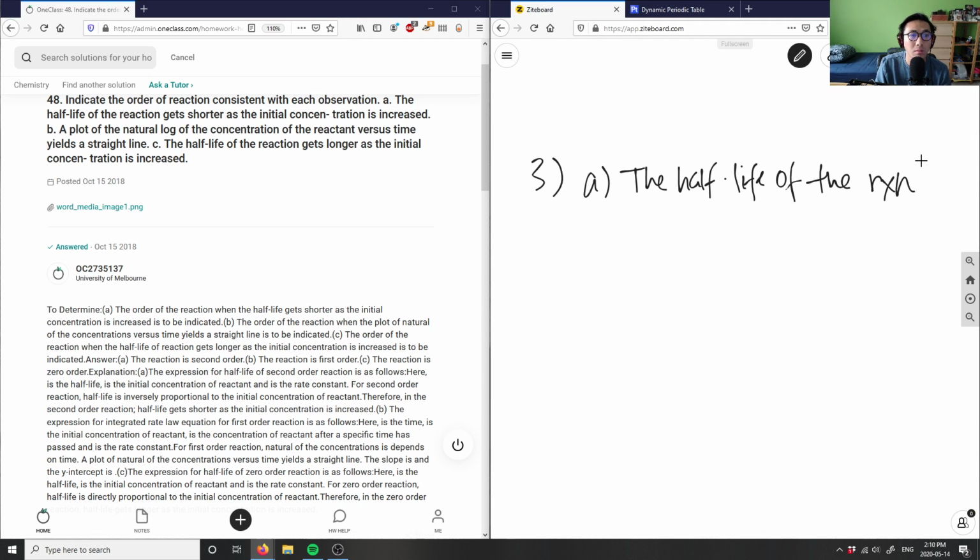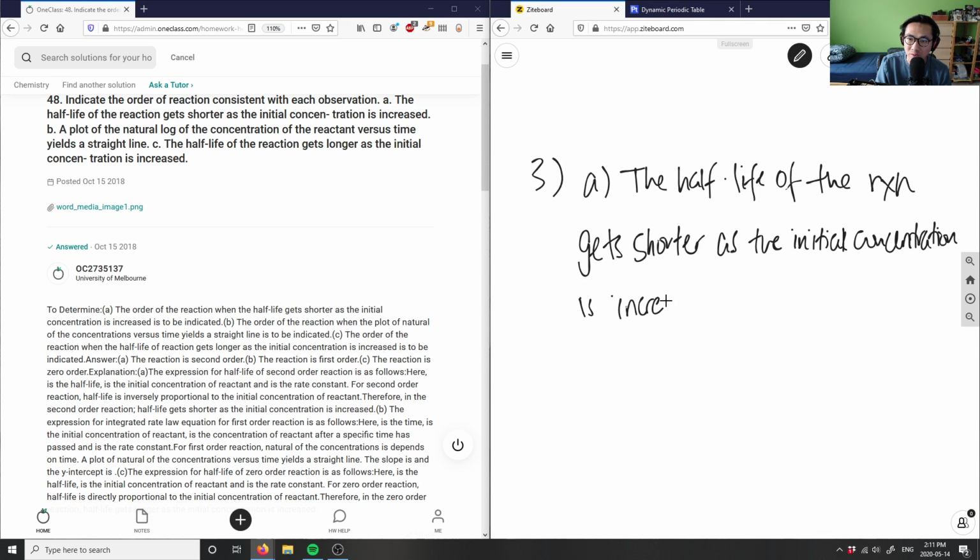The half-life of the reaction gets shorter as the initial concentration is increased.